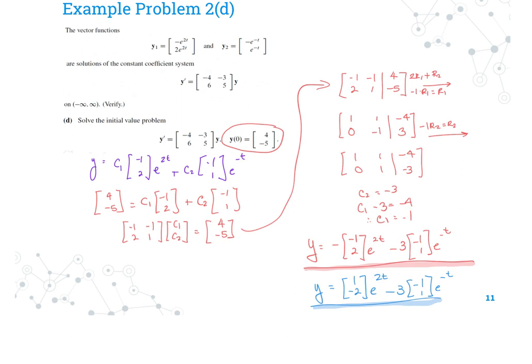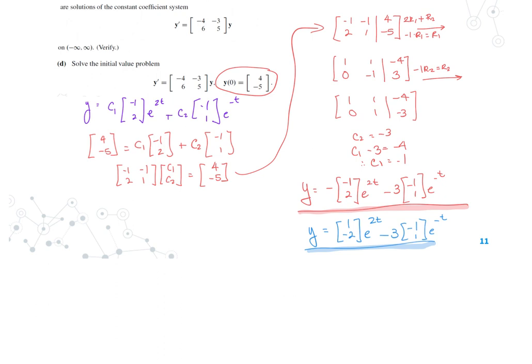Let's say you really don't like negatives and you want to get rid of the negative 3. Let's go one more step. y is 1, negative 2 e to the 2t, plus 3 times 1, negative 1 e to the negative t.